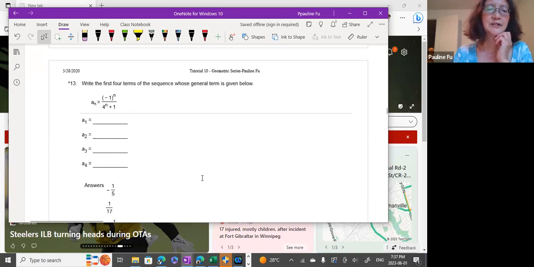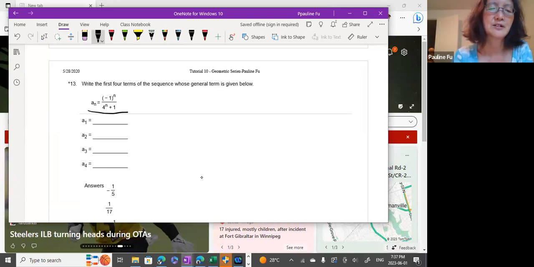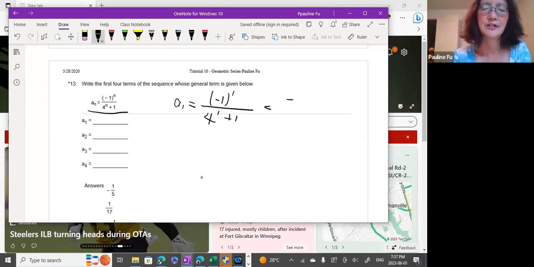Question 13: write the first 4 terms of the sequence whose general term is given. So this is the general term. A1 means n equals 1. So A1 is negative 1 raised to power 1 over 4 raised to power 1 plus 1. So negative 1 over 5.